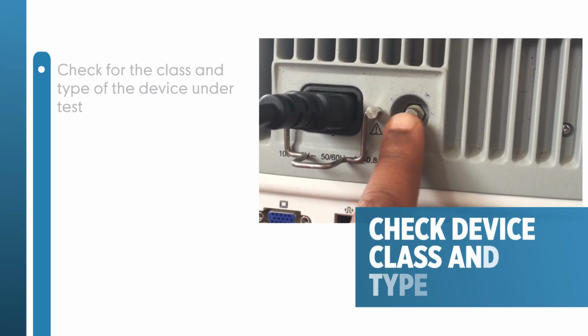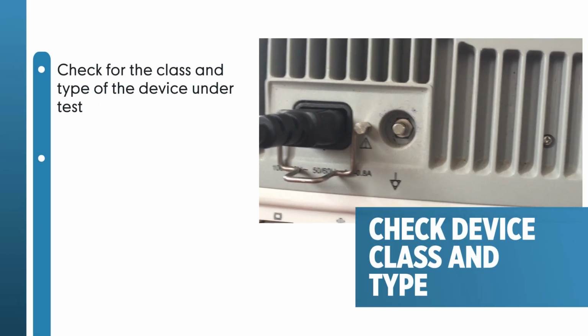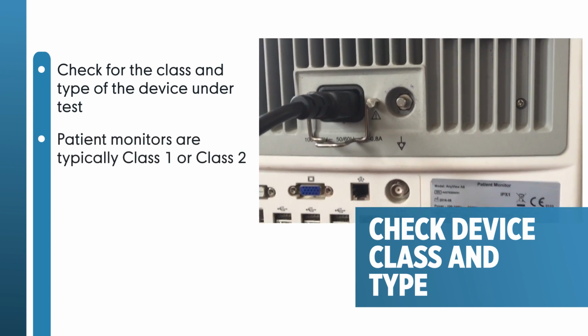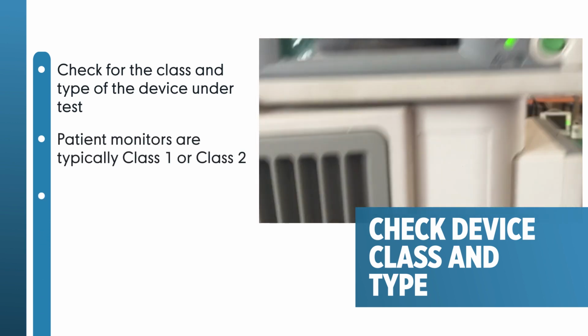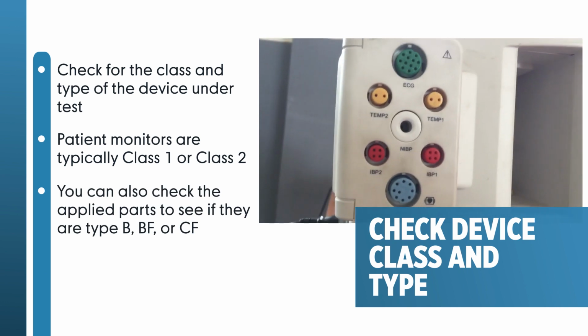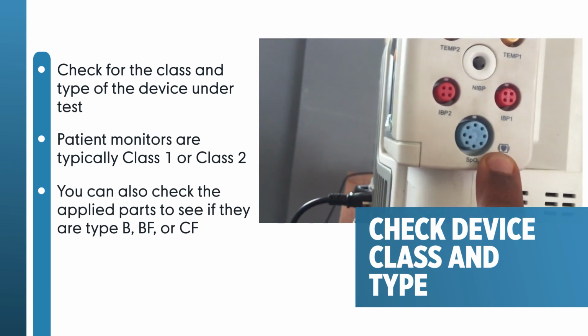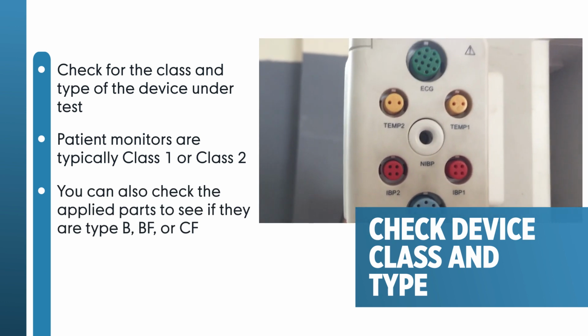Step 1. Check for the class and type of the device under test. Patient monitors are typically Class 1 or Class 2. You can also check the applied parts to see if they are type B, BF, or CF. Step 2. You should also ensure that your workshop is properly grounded.